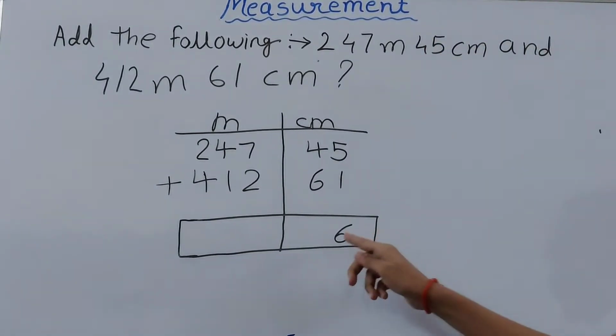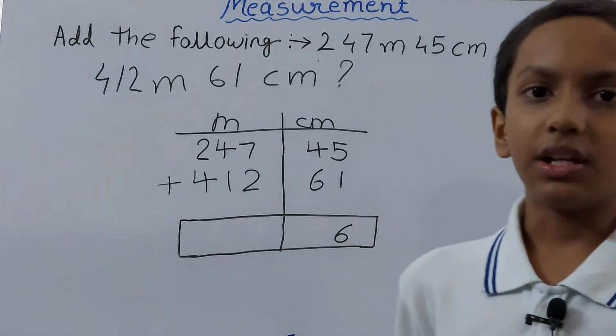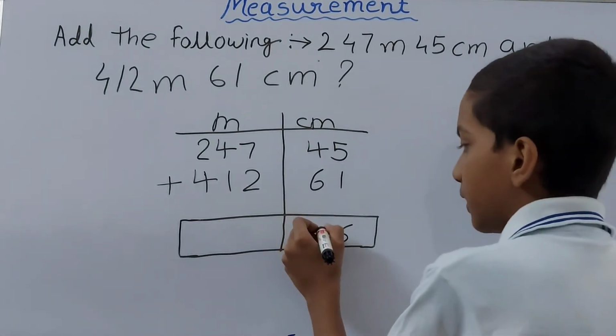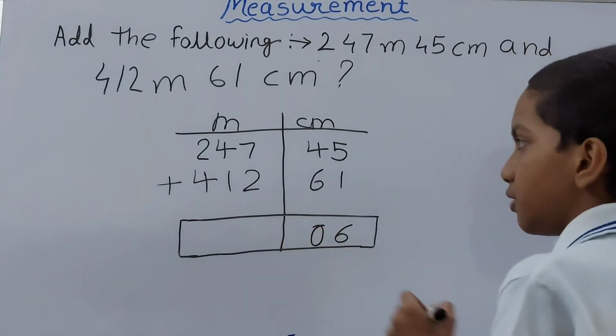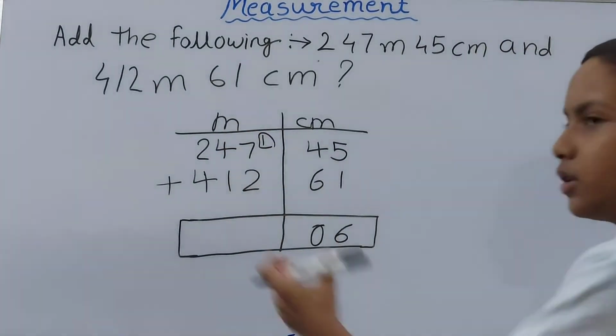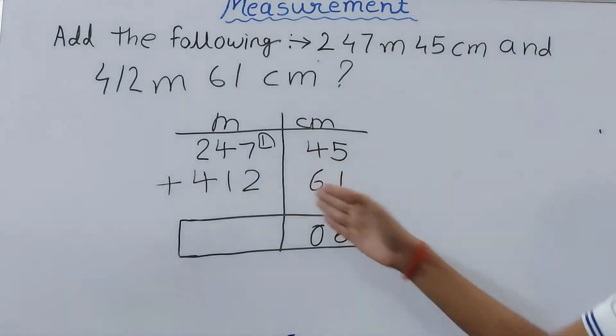That means here we can only write till 100, and if you write this whole 10, then it will be 106. That is bigger than 100. That means here we need to do the carry. So let's carry. As I told you, the normal carry we have to do here. So 0, and we are going to carry this 1 here on the next column. If there is a number in this column only, in the first column only, then you have to carry it there, but here it was no number.